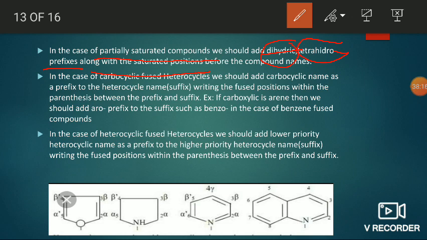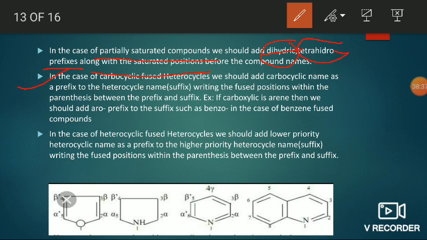That is, in order to name a partially saturated heterocyclic compound, we should add dihydro, tetrahydro prefixes along with their position before the name of that particular heterocyclic compound.